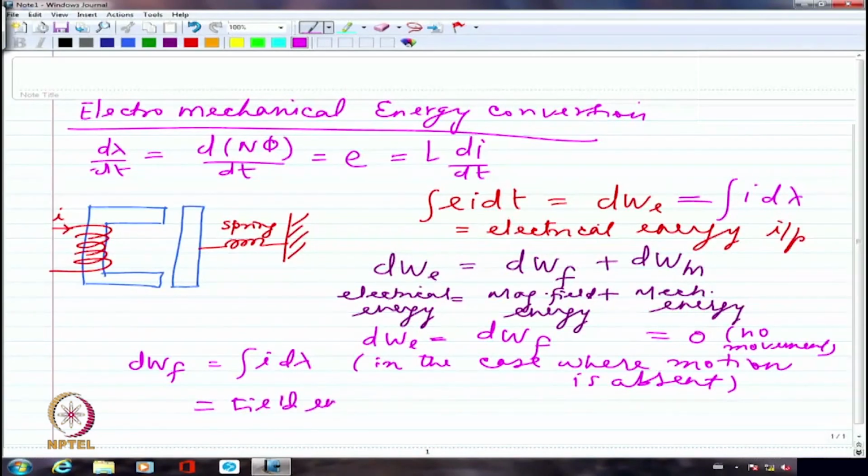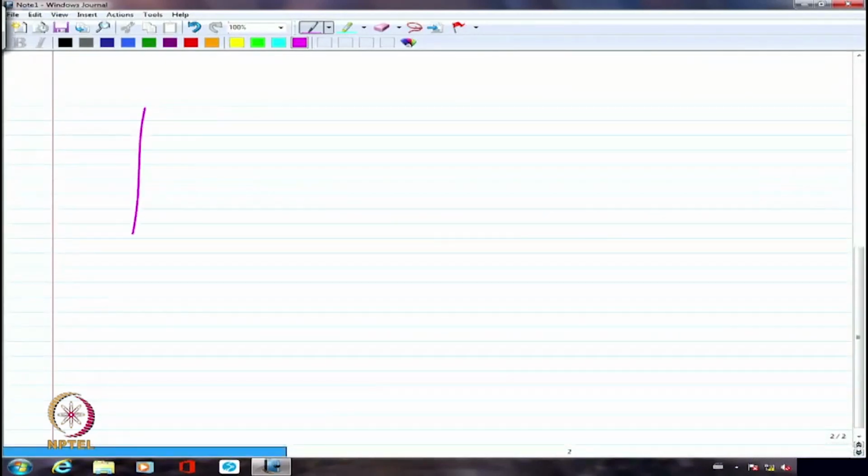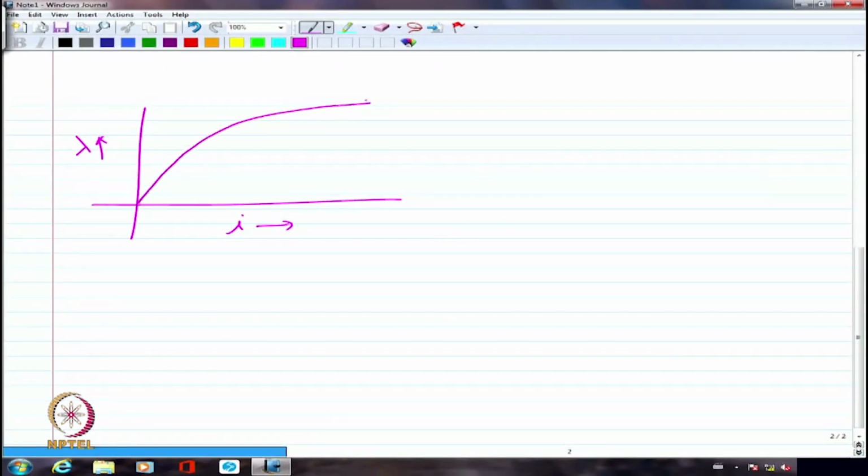I am just recalling what we did in the last class, and we said if we are plotting a graph between I and lambda, we are probably going to plot it like this with non-linear characteristics, if I say that there is an iron core which is contributing to non-linearity in the relationship between I and lambda or n phi. So, I am going to call this portion as energy or field energy, which is Wf, and this portion as co-energy or Wf dash.